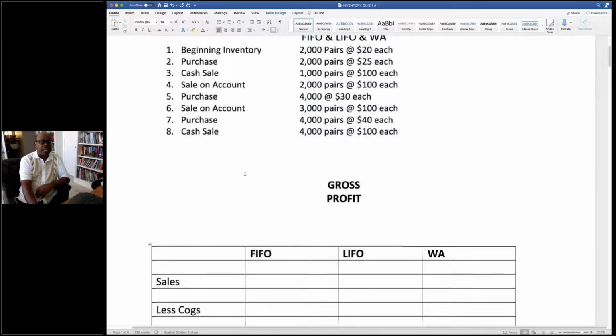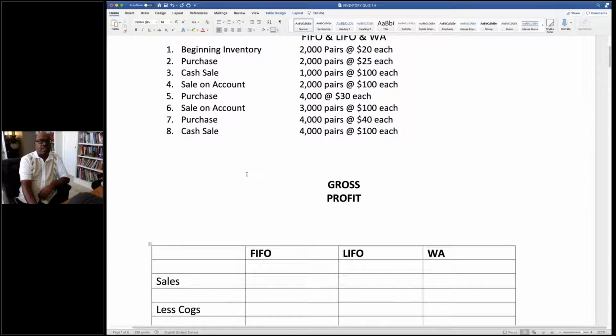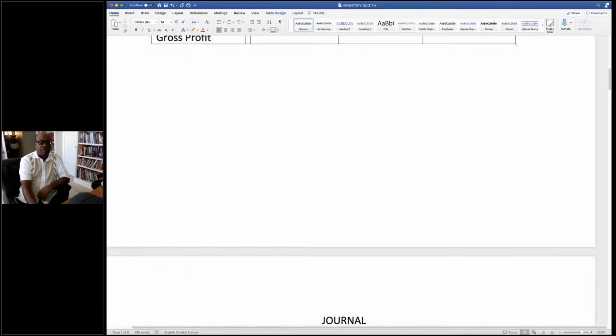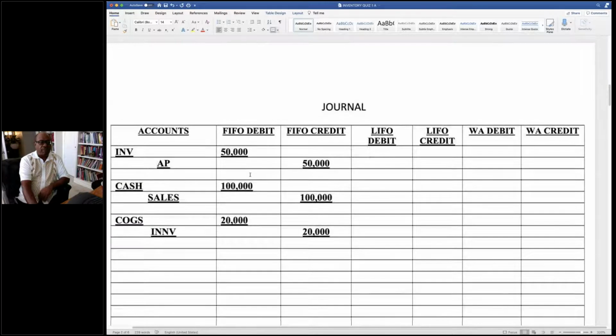Okay, so we got another sale, so let's make that journal entry. We sold 2,000 for 100. Oh, that's what you did? You went back up there and you just changed the second journal entry? Because I just made like 2 new entries. No, I'm just copying it over here.